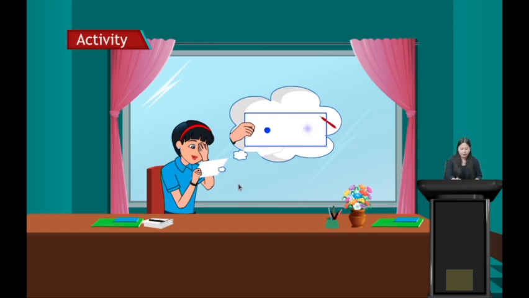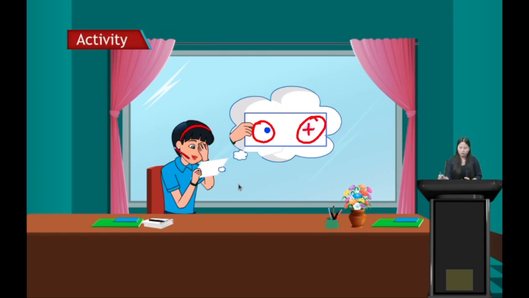Similarly, you can close your other eye. Now you have closed your right eye and you are focusing on the spot, and the cross seems to disappear. Again, you can close your left eye and focus on the cross. Move the paper. After some time you will see that the spot seems to disappear.